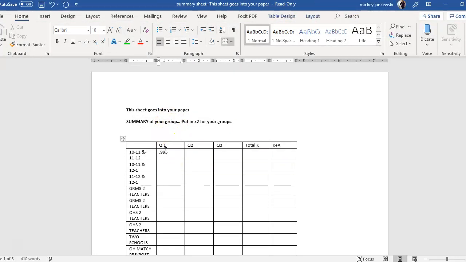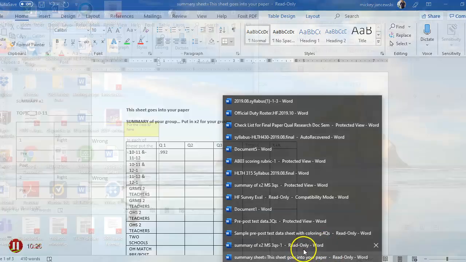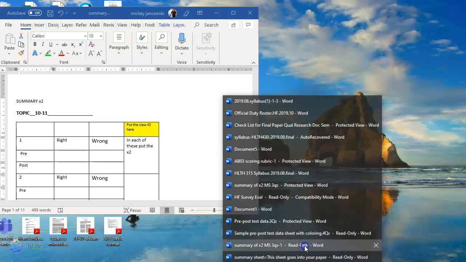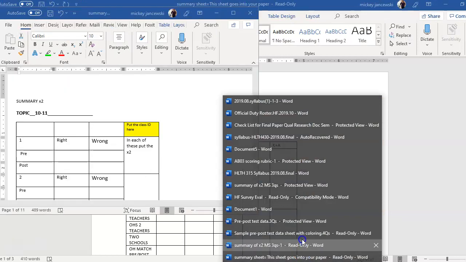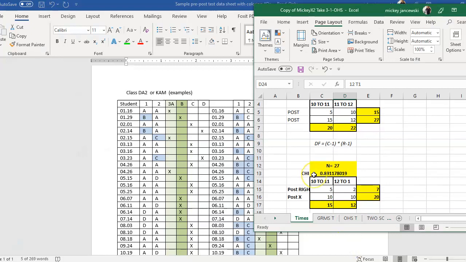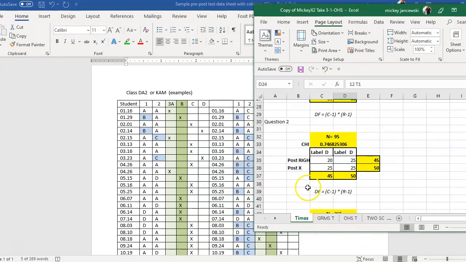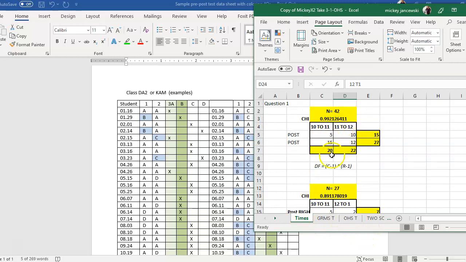And for question 2, remember this is just pretend stuff. Question 1, 10 to 11, and 12 to 1.